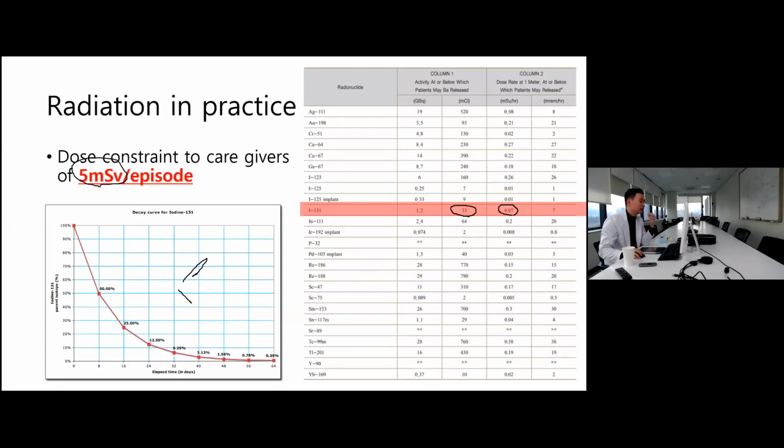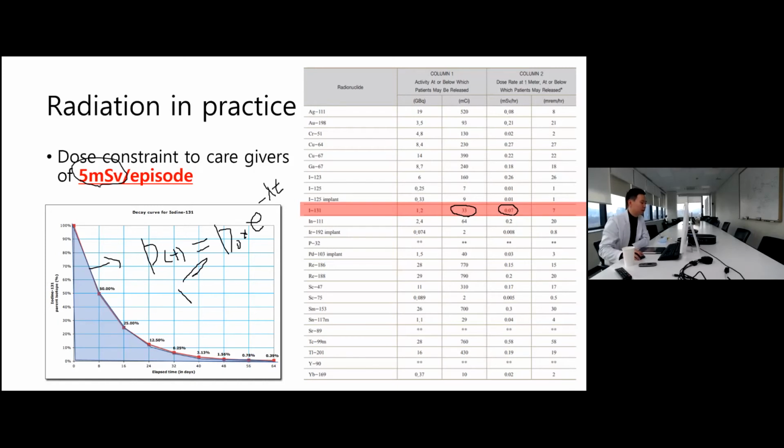We can calculate the area under the curve of the iodine 131. This graph can be shown as the dose at time T, which is the dose at the initial time point, following an exponential curve.